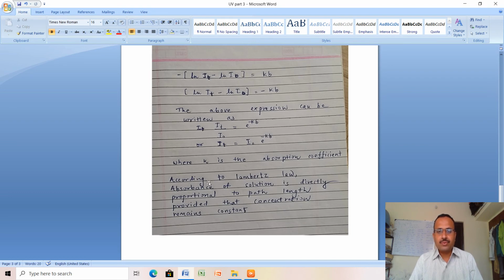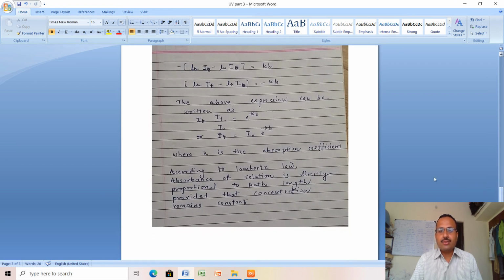With this equation we can conclude Lambert's law. According to Lambert's law, the absorbance of a solution is directly proportional to path length, provided that concentration remains constant. When concentration is kept constant, A, that is absorbance, is directly proportional to path length.